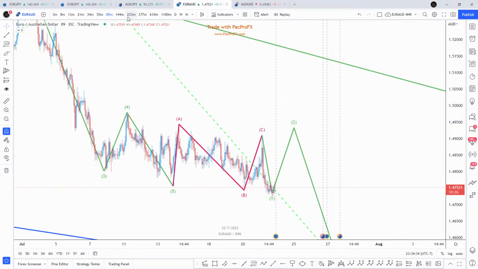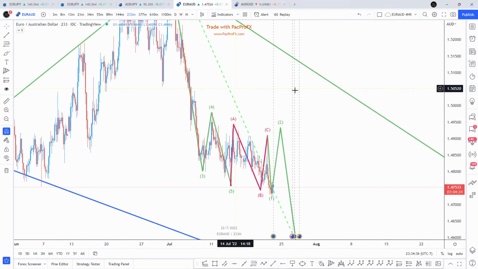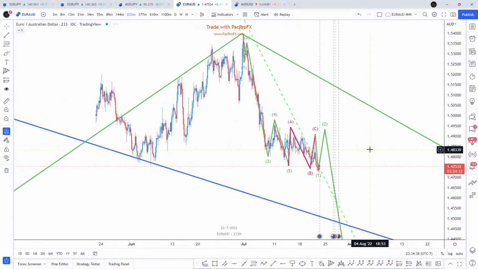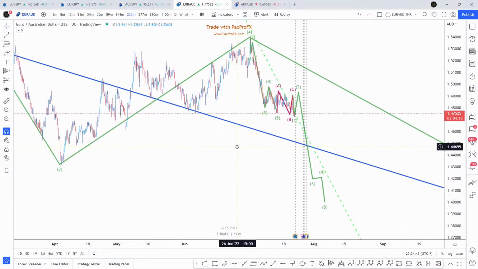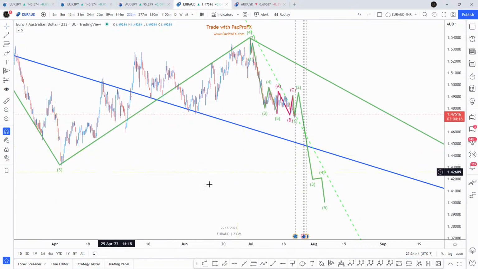And this is an 89-minute chart, so let's see, 4 hour. Yeah, see, structure is going to be going down eventually. But it's very weird that it's doing all this. I mean, I'm thinking a triangle will appear here.